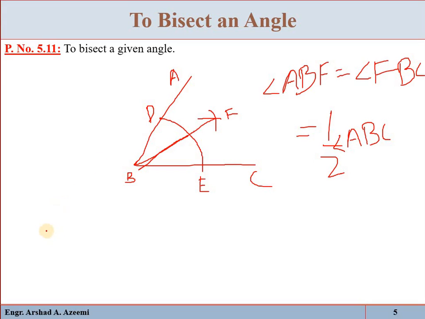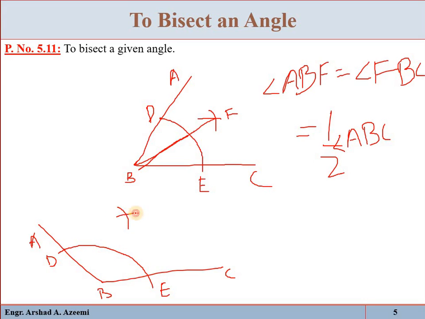For example, again, if the angle ABC is given, suppose you have to divide it into two equal parts. So with center B, draw an arc of any radius. For example, this is point D and this is point E. Now with center D and of the same radius, mark an arc here, and with center E and of the same radius, mark an arc here.